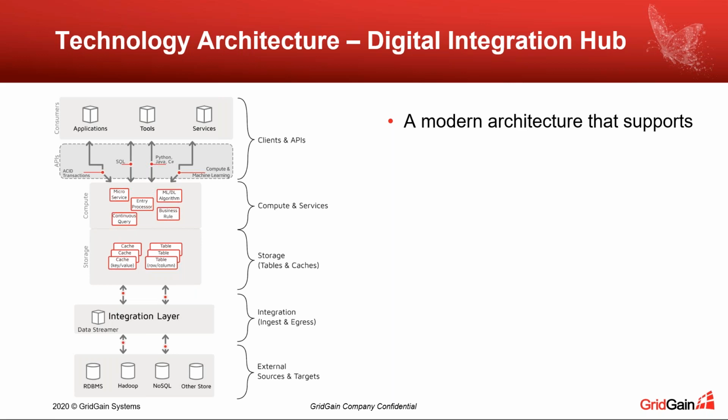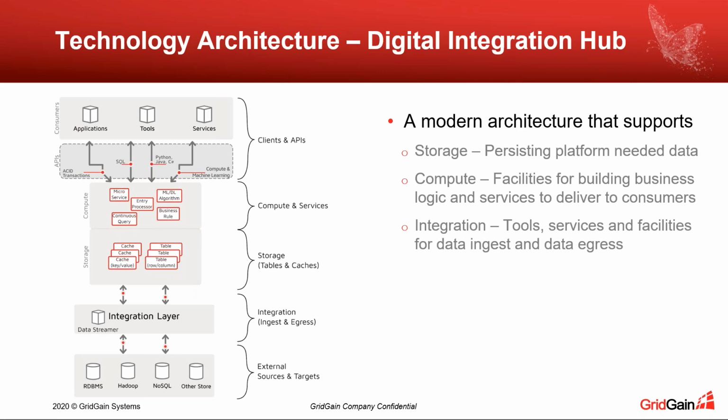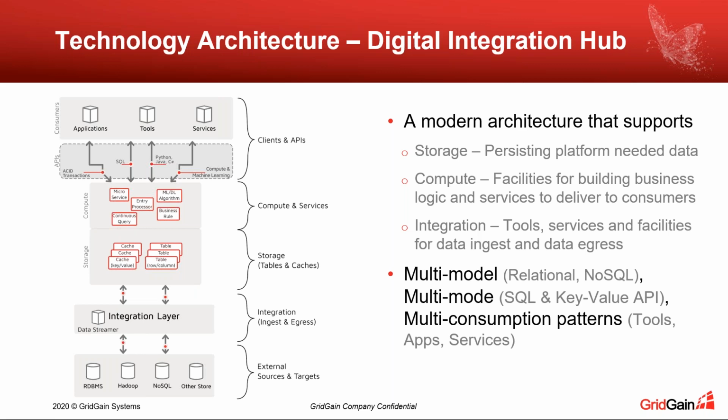When we look at the DIH, it has support for local storage or persistence, compute facilities to process events and to crystallize services into presentation, business, or technical services, and integration facilities to ingest and egress data from external sources and targets. With all of this, an Ignite Digital Integration Hub supports multi-model, relational or NoSQL key value, multi-mode, and multi-consumer access and consumption patterns.